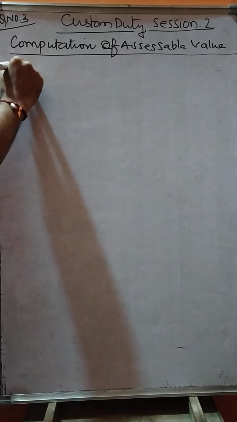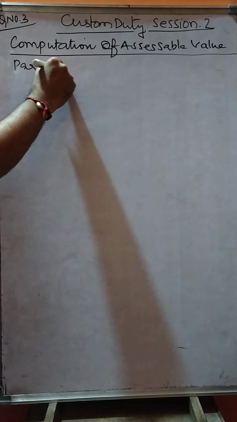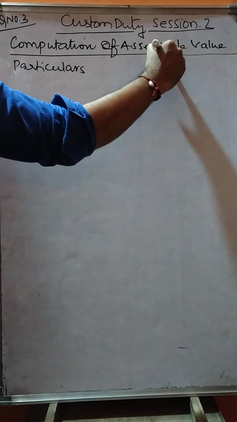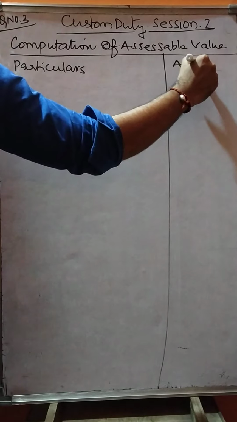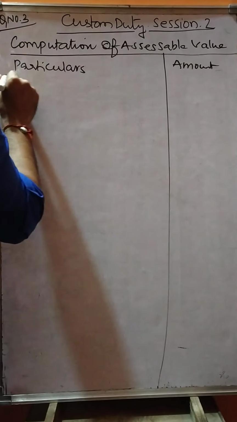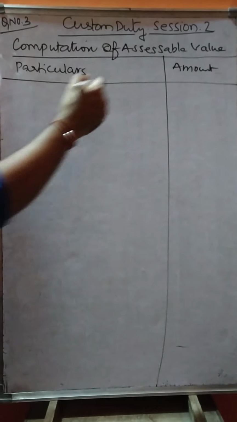Let us go with particulars and amount. First we are taking all the values in US dollar, then we are converting it into rupees.